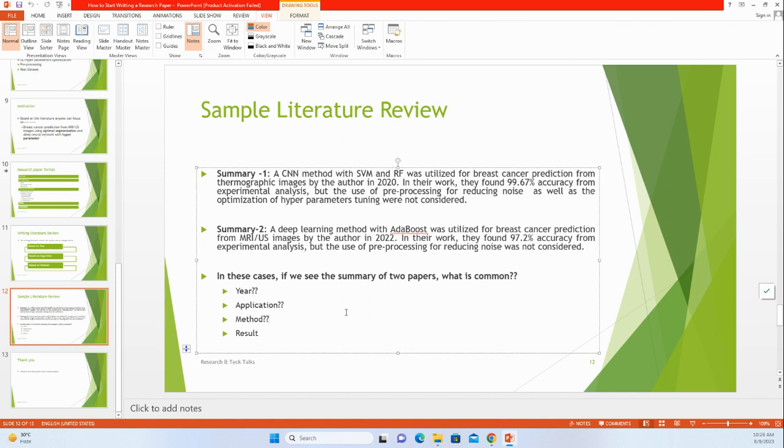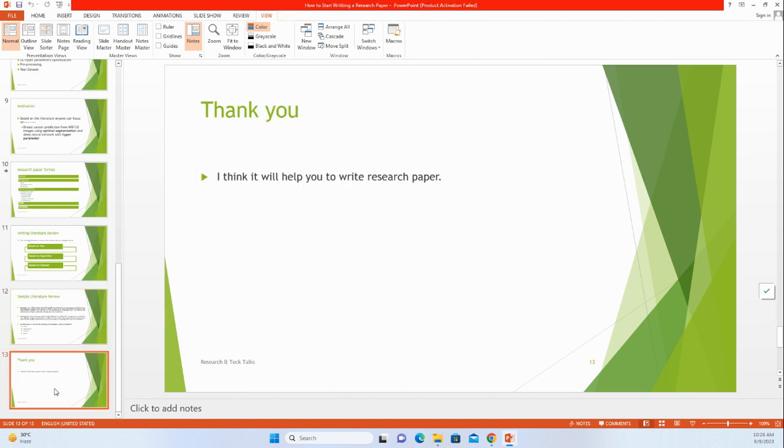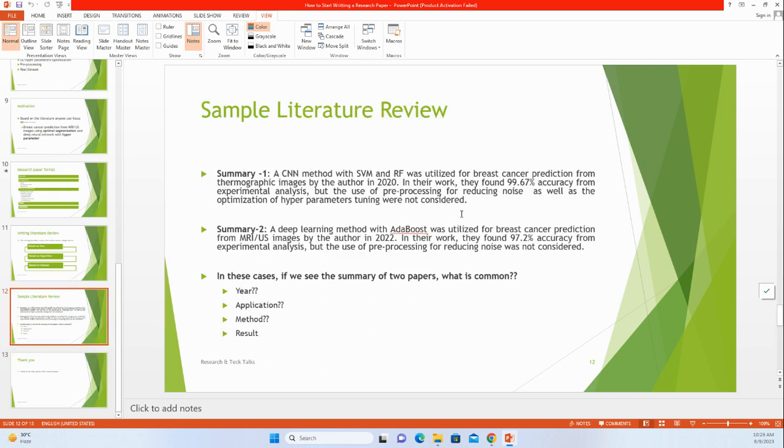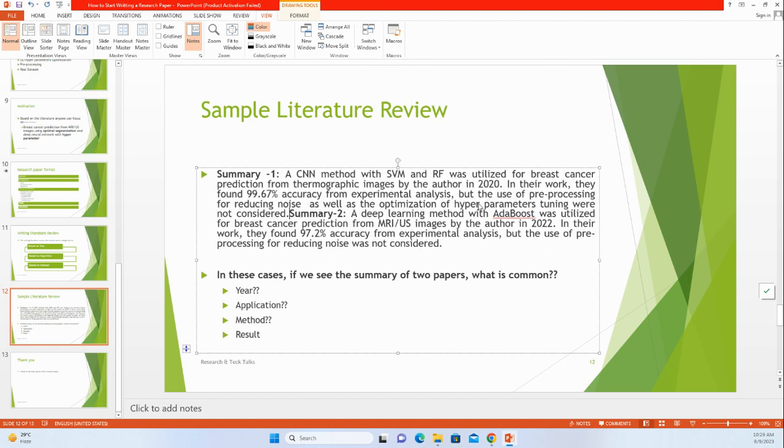So I think you understand how you want to write a literature review section. In the review section, you must write some sort of story. That means this one comes first, then this one, then another one. So this is the sequence. You always maintain a sequence, and you always have to make a link. For example, suppose this is the literature of two papers.